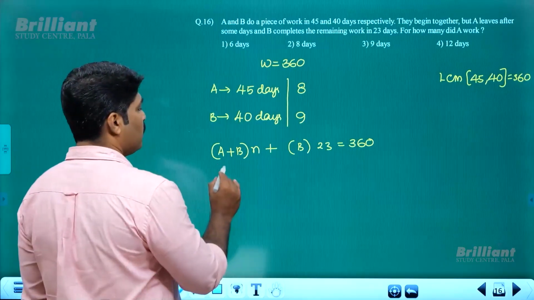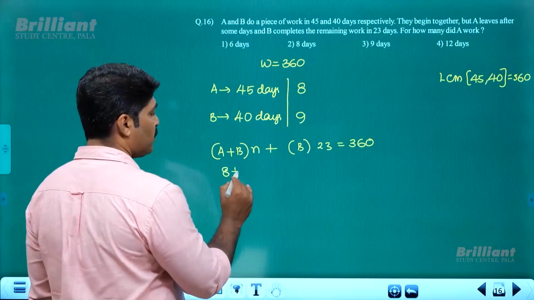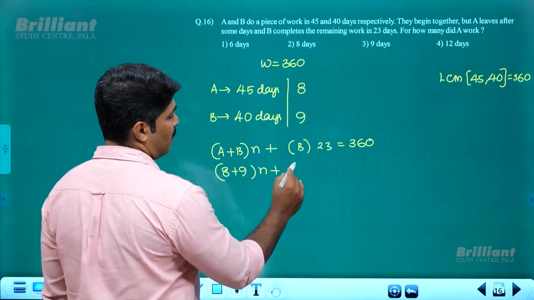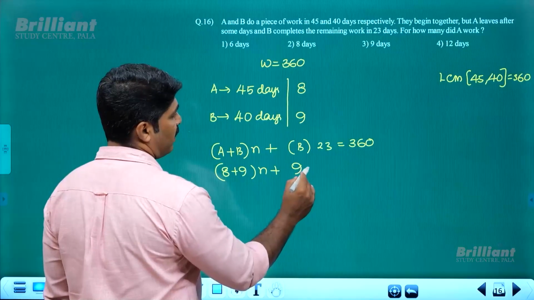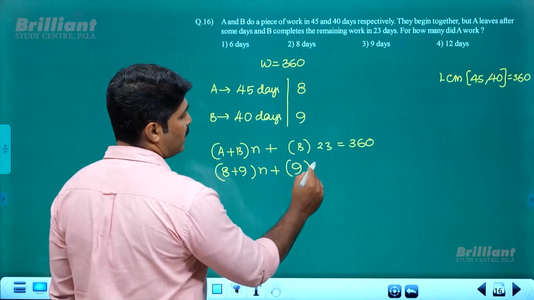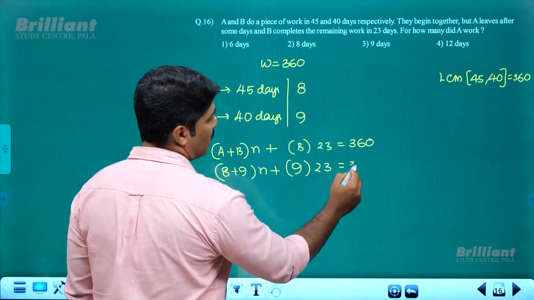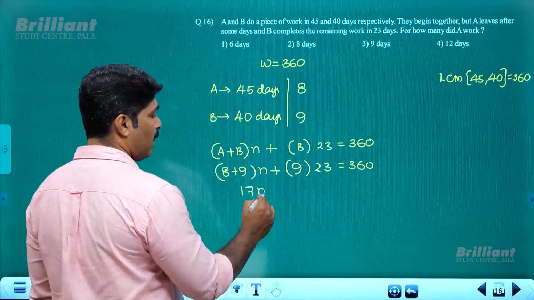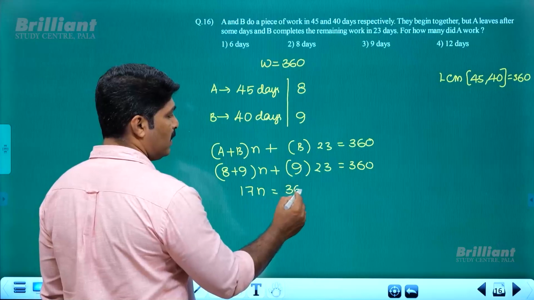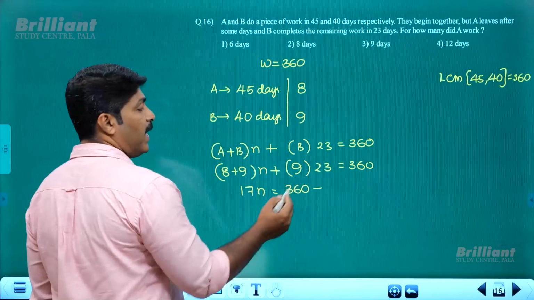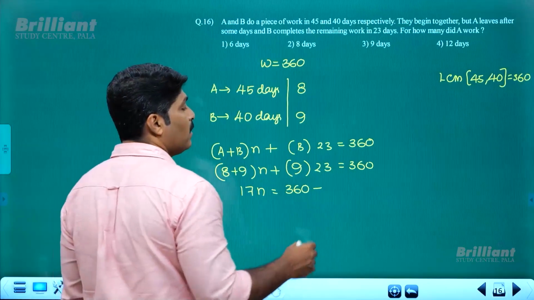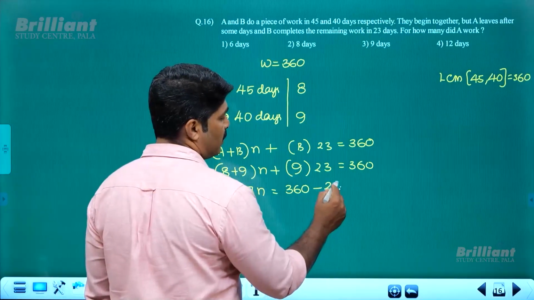So this is 8 plus 9 into n, plus B, that is 9 into 23, equal to 360. So 17n is equal to 360 minus 9 into 23, that is 360 minus 207.